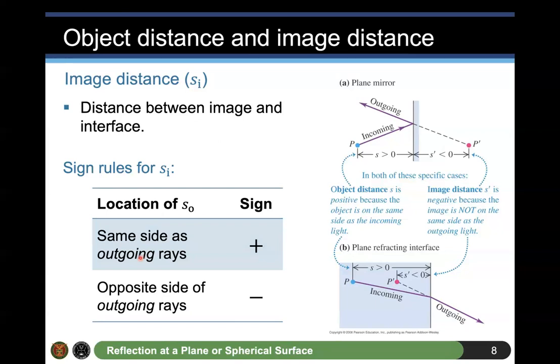The object, we assume, is on the incoming plane. So if the object is on the same side as the incoming rays, positive. If the image forms on the same side as the outgoing plane, positive din siya. Otherwise, the sign will be negative. So that's what you need to remember here, the sign rules.